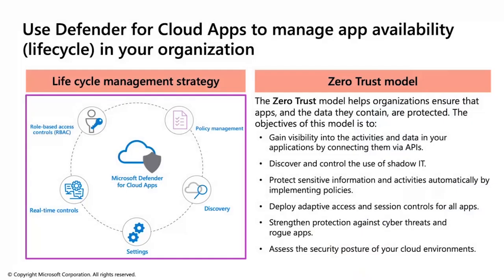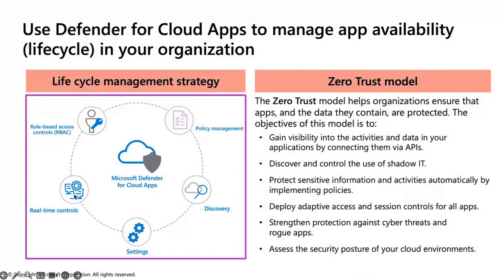First of all, we start by discovering the applications. We gain discovery on what kind of applications we have. We enable settings for them, how they will be available, and our policies.